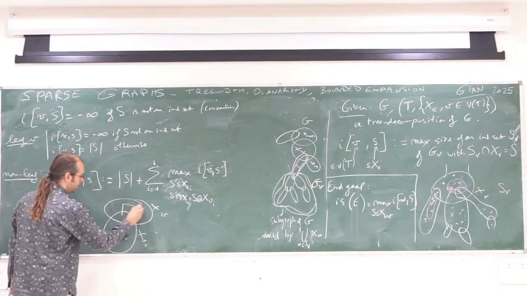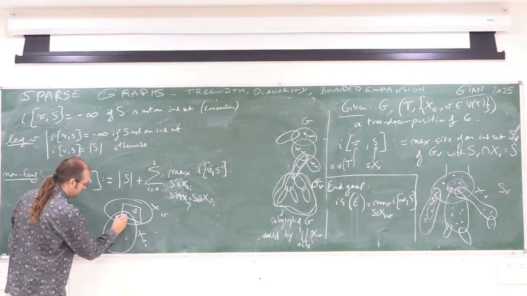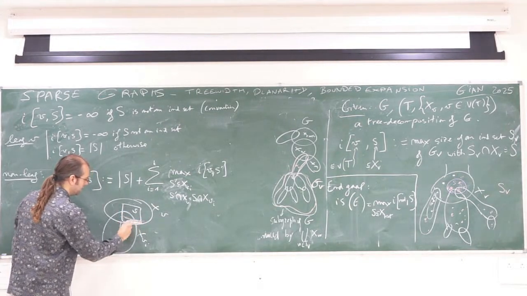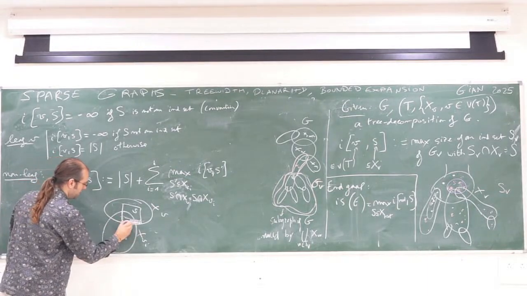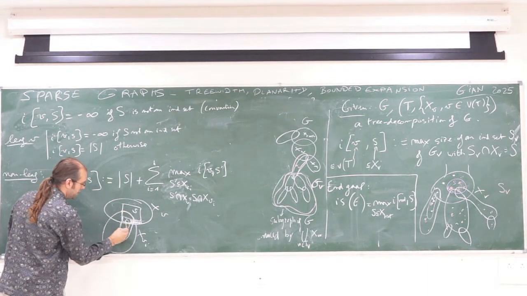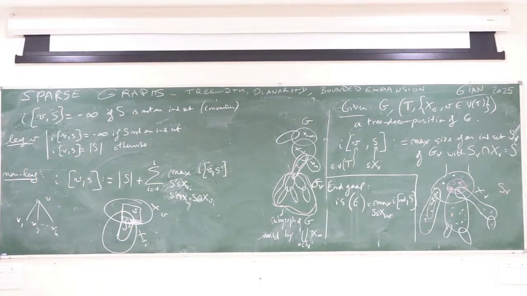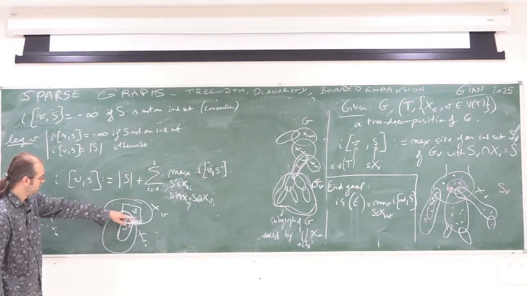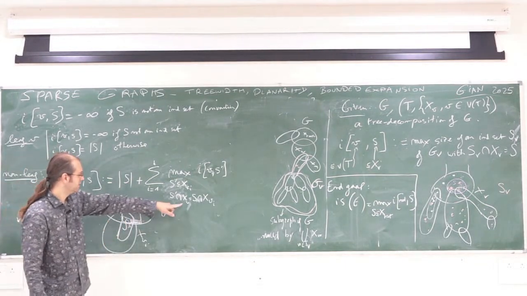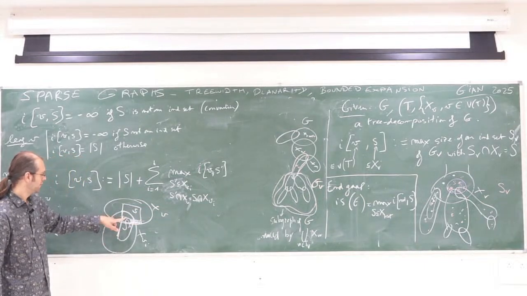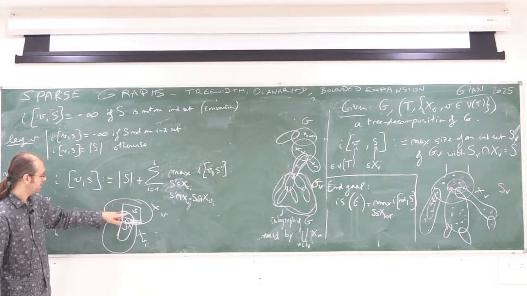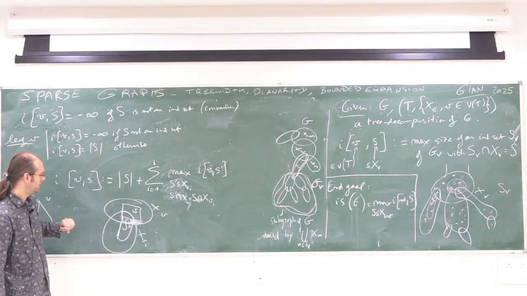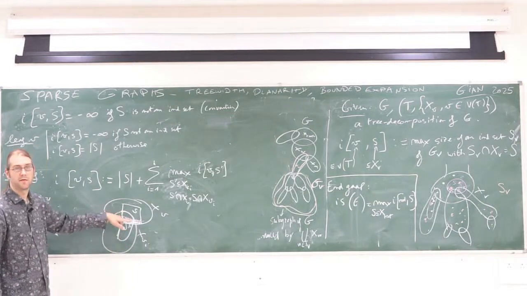XBI, this was my S. So I'm looking for some S prime whose intersection with the top bag equals the intersection of my S that is fixed here with the child bag.